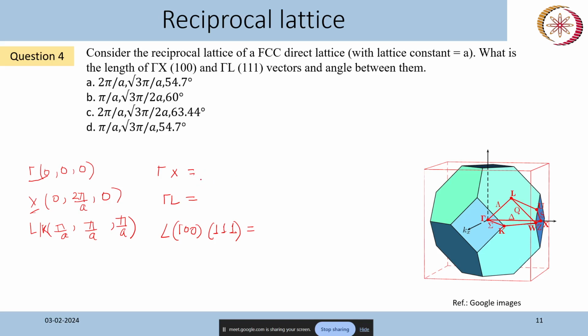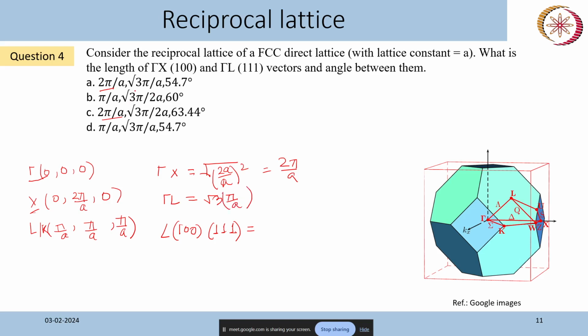From gamma to X, this is 0, 2 pi by a, 0, squared, so it is 2 pi by a. So it will be between A or C. Then gamma to L, it will be root 3 pi by a.